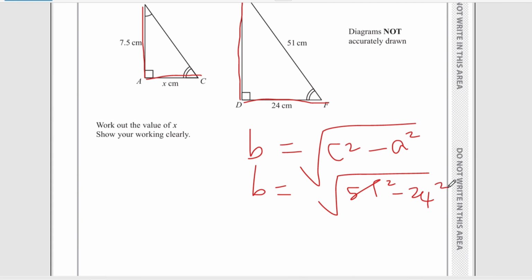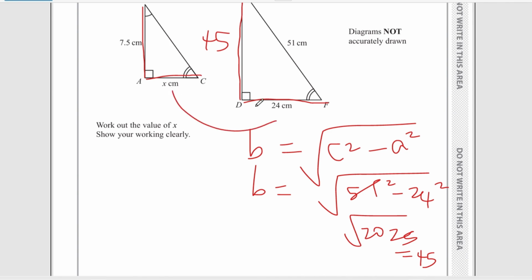So 51 squared minus 24 squared, when you calculate that, that will give us 2025. So square root of 2025 is 45.